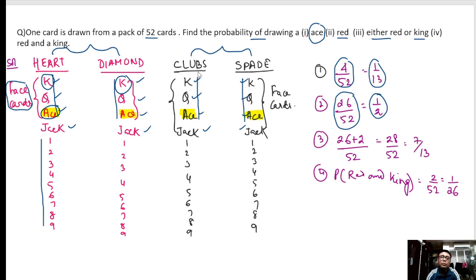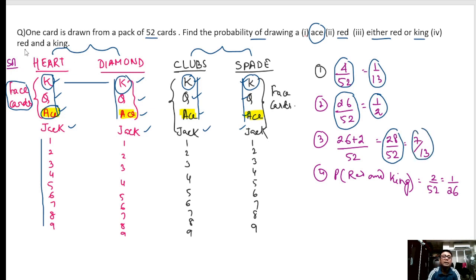So only 2 more kings, black colored, are left. That means the total red cards are 26 and 2 kings I have to take from the black, because 2 red kings are already taken here. So total 26 plus 2, 28 by 52, which is 7 by 13.